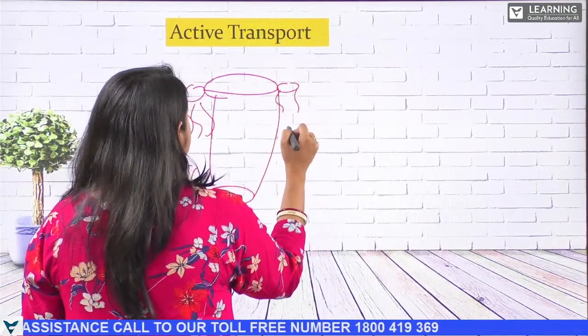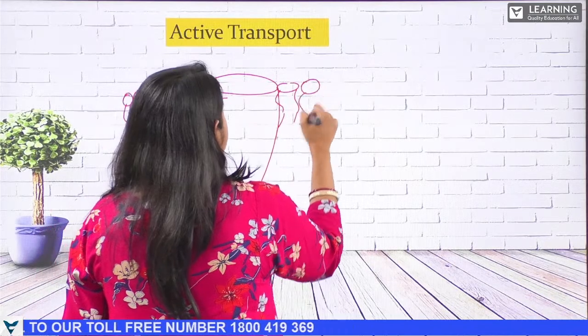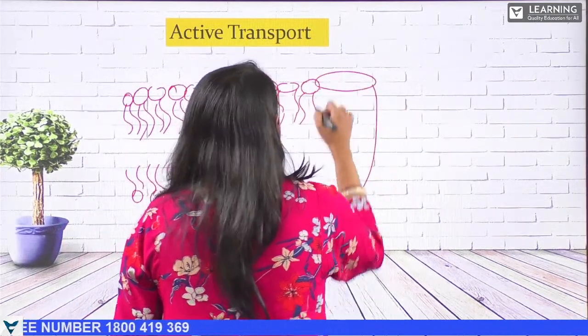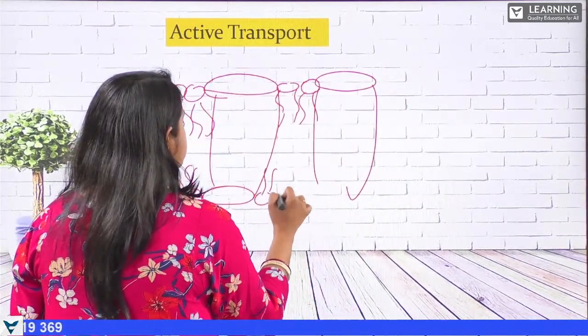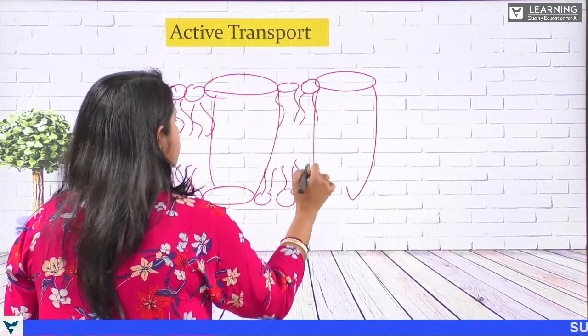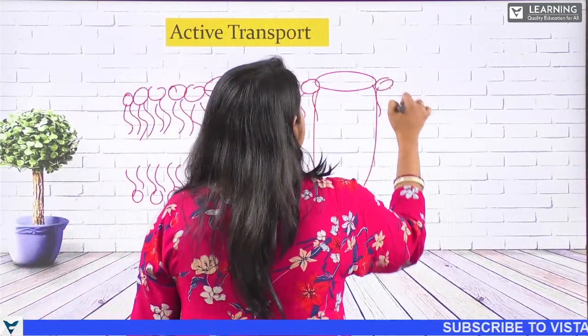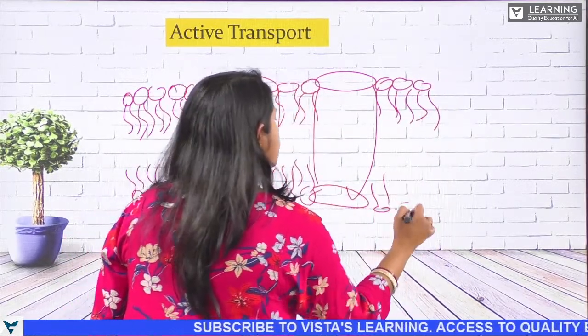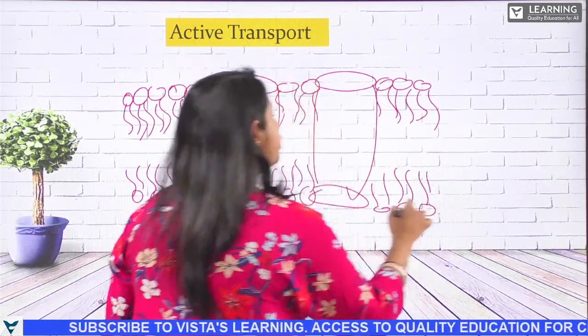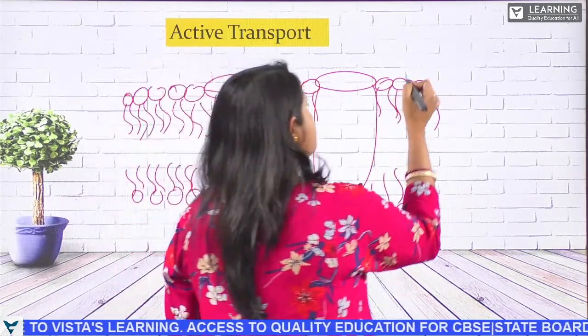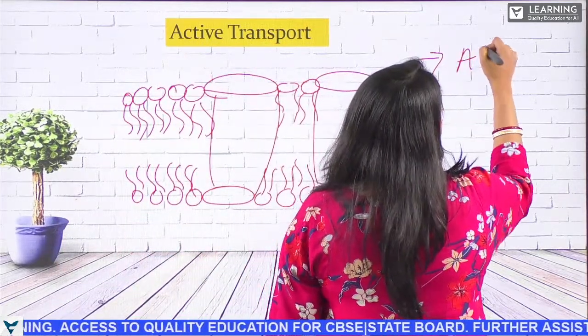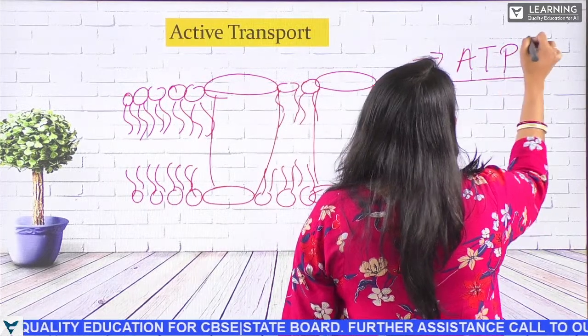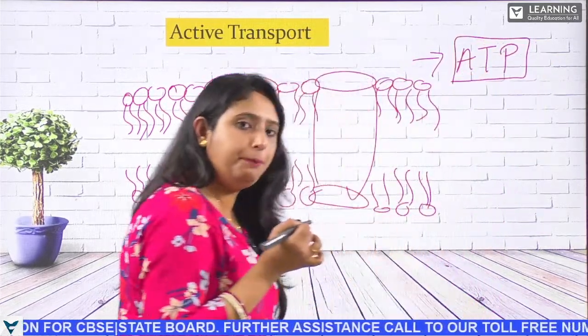So this is the plasma membrane. Now, what happens in the case of active transport is there is expenditure of ATP.